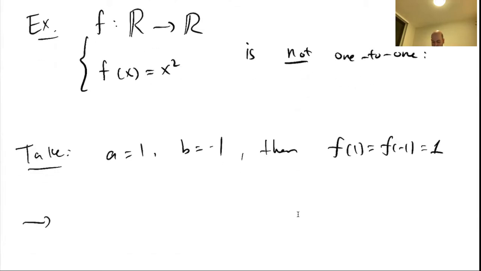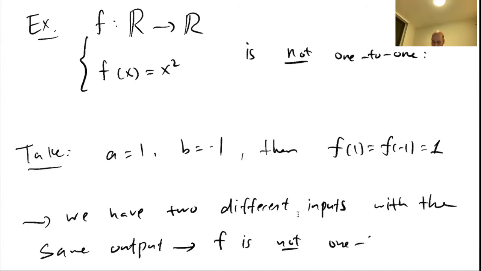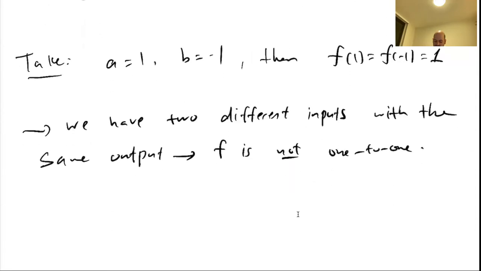So that means we have two different inputs with the same output, and that means f is not one-to-one. Two different inputs, same output, f is not one-to-one.